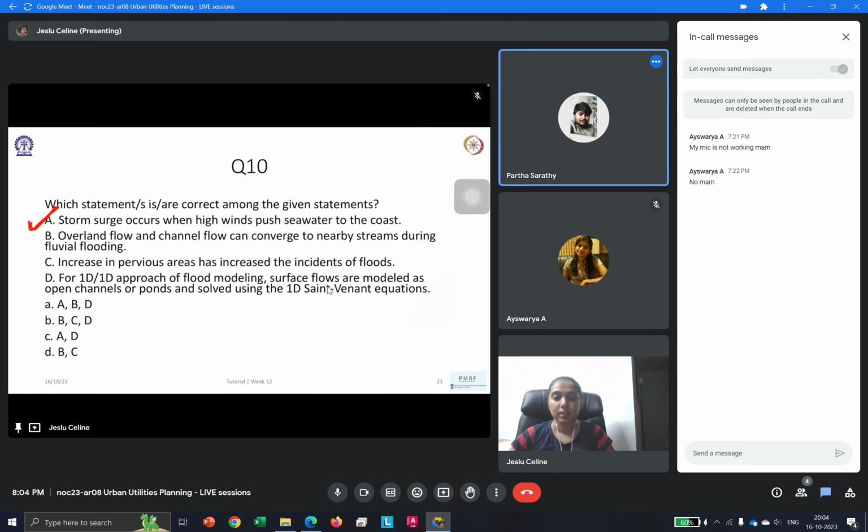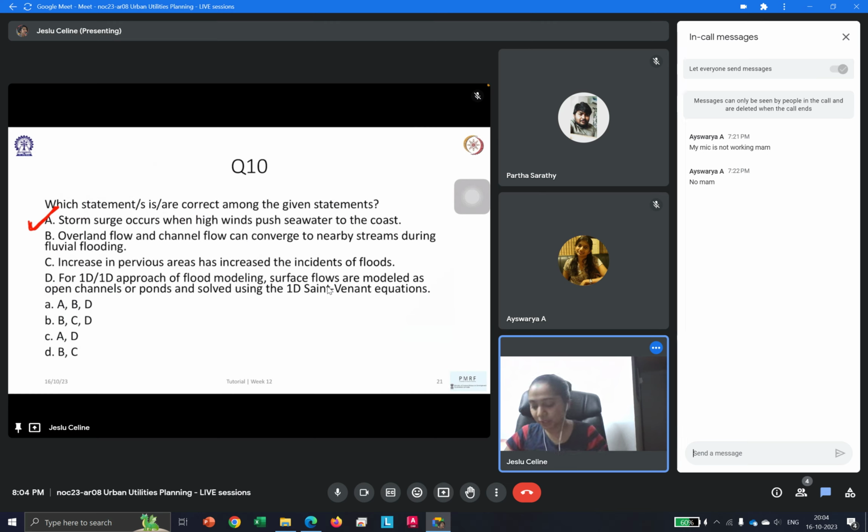No, it will be pluvial. Okay, so you're saying it's not fluvial flooding. During pluvial flooding it can be, but during fluvial flooding it's not possible. Just say it with confidence if you feel that.